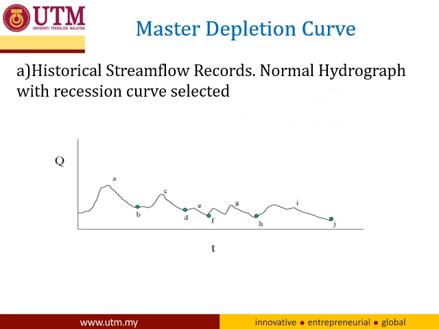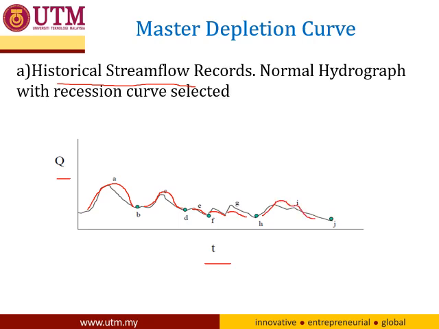Okay, let's say we have historical stream flow records, Q against time. So you see there are a lot of storm events, a lot of inclination and recession, inclination and recession. So these are all due to some storm events.